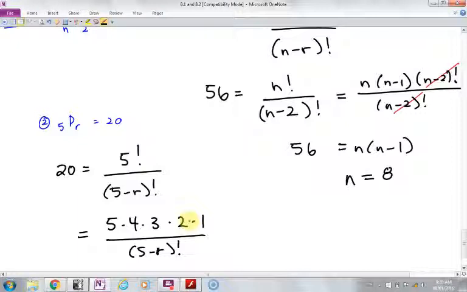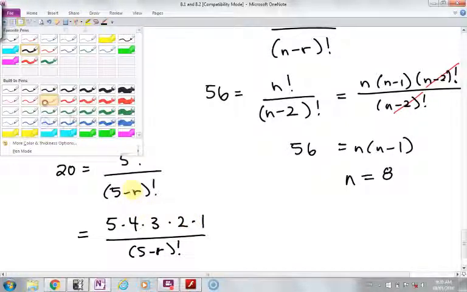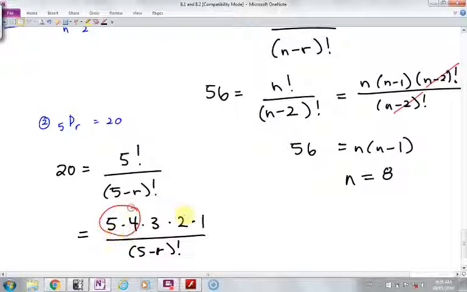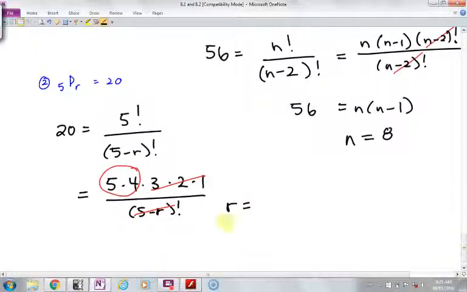Well, to get 20, which numbers do I need to have left behind? The 5 and the 4. So these are the numbers that give me the 20. So the 3, 2, 1 need to cancel with the 5 minus r factorial. So what does r have to be? Not 3. r has to be 2. So that 5 minus 2 is 3. So we have the 3 factorial.